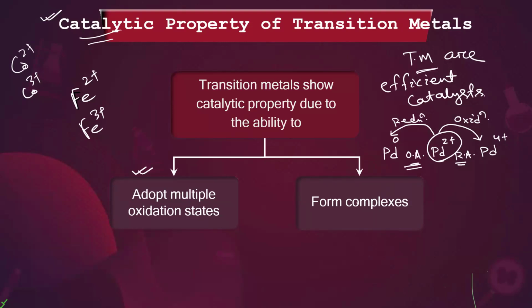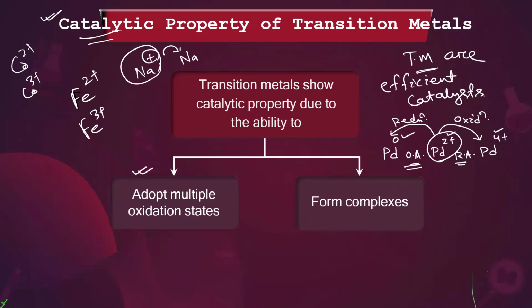Okay, clear? You are getting my point? So this is the advantage of multiple or variable oxidation state. If I am taking Na plus, it only has one oxidation state, +1. It can jump to Na only in one direction.